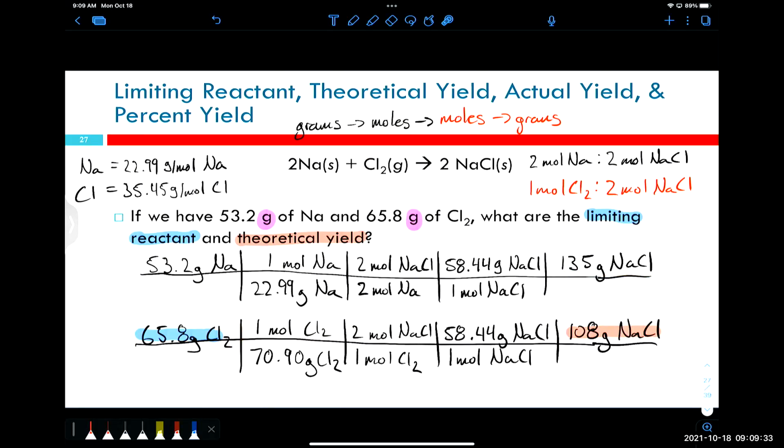So if I ask you, what is the maximum amount you can produce? That's a key word there that it's a theoretical yield problem. So you're going to be looking for your, well, first your limiting reagent, and then that will tell you what your theoretical yield is, and thereby the maximum amount. It's like the most number of pancakes you could make given these ingredients.